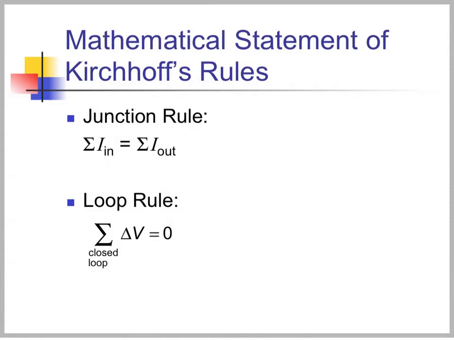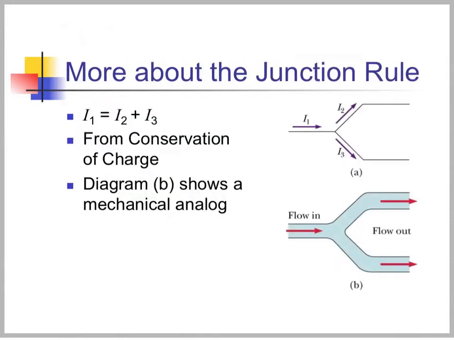Mathematically, it says the sum of the currents going in is equal to the sum of the currents going out. And the loop rule says add up the delta V's around a closed loop and you have to get zero. Again, the junction rule is all about conservation of charge. And you can kind of think of it as water flowing in a pipe.